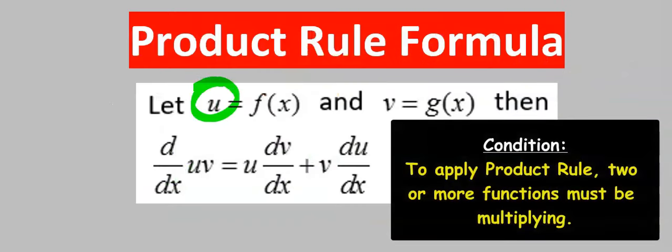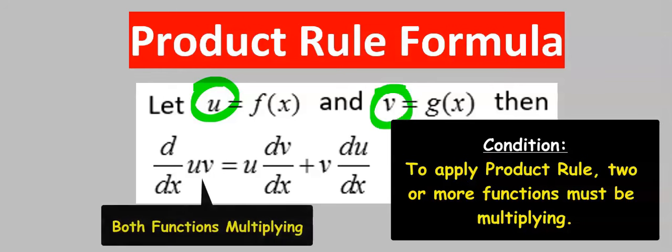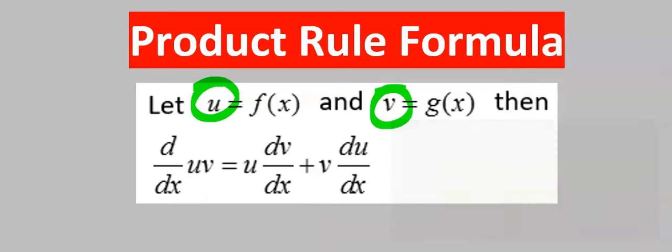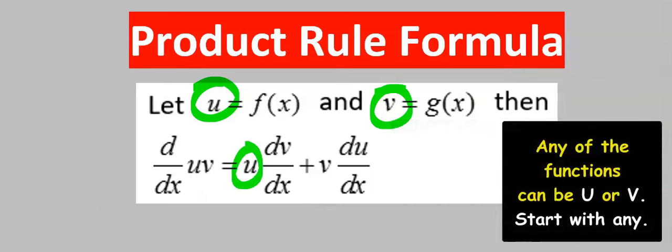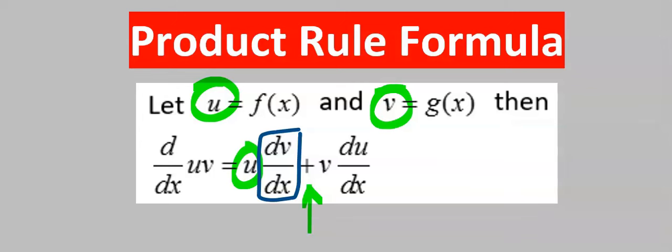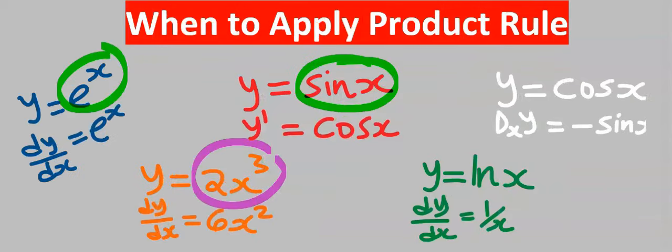If u is a function and v is another separate function, then dy dx will be: we're going to keep u constant and then differentiate v. Then we're going to use a plus and keep v constant. Then we're going to differentiate u. This is the product rule formula. We can apply this to any other functions put together.